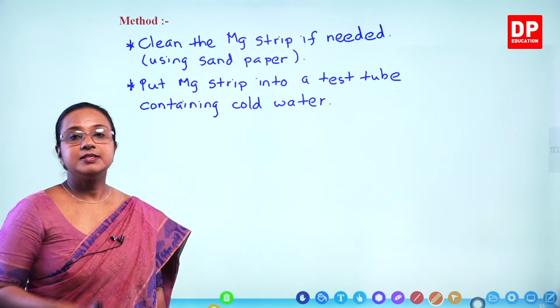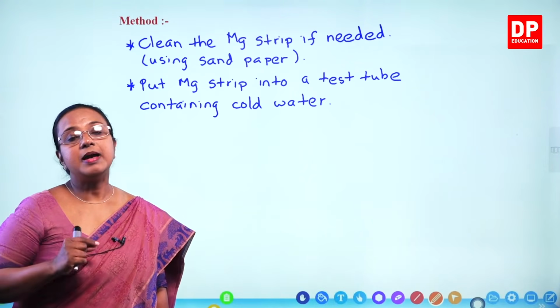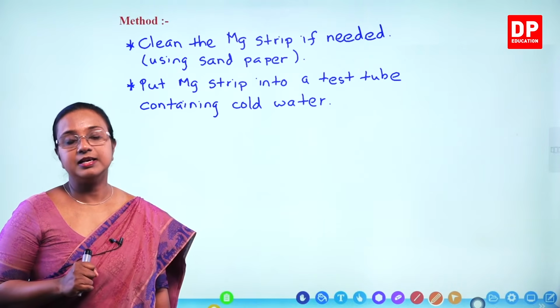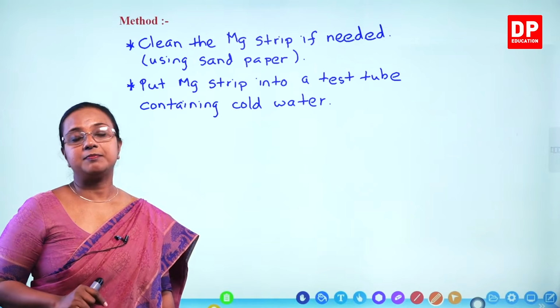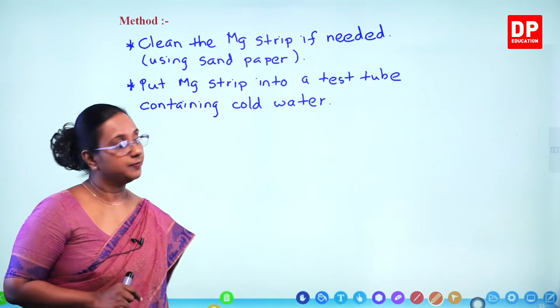Then we can take a boiling tube containing water, put the magnesium strip into it, and we can heat it in the Bunsen flame. Otherwise, we can directly put a piece of magnesium strip into hot water.